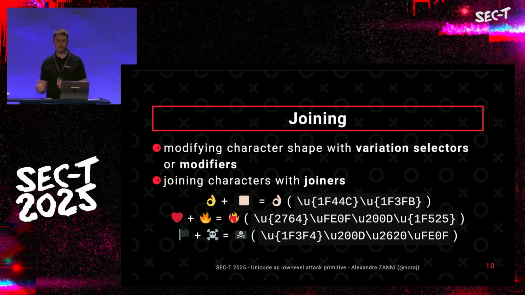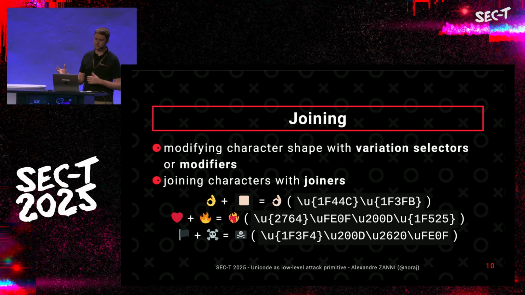There are other mechanisms like joining. To extend the number of possibilities, as you saw in the chart earlier, there are about 160,000 characters, but with joining, you can bring that up to 4 million characters by joining them together.